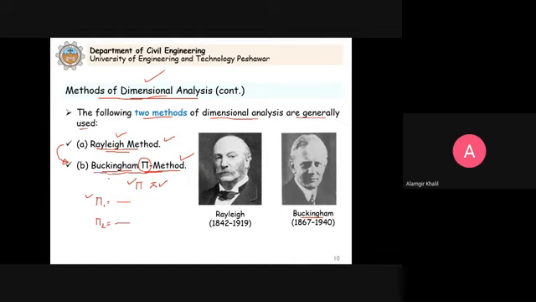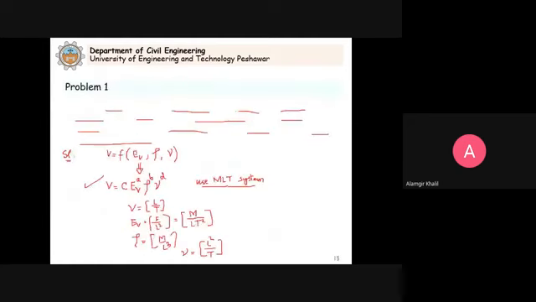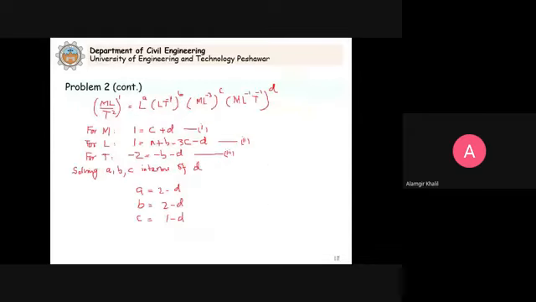So in the Buckingham Pi method, with any number of variables, we can solve the problem. That's why in modern fluid mechanics books, the main focus is on the Buckingham Pi method. But we studied the Rayleigh method also because it is given in your syllabus. So the next thing we study is the Buckingham Pi theorem.